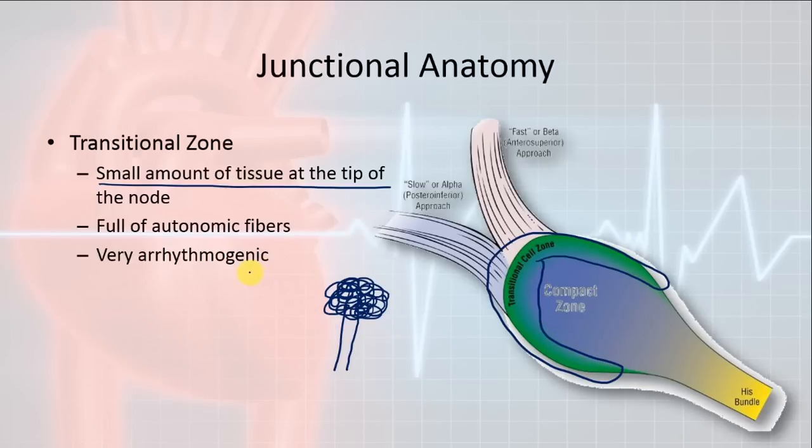Now, the transitional zone is important because it's very full of autonomic fibers. Autonomic fibers are very arrhythmogenic, which means they have the ability to depolarize early and potentially cause premature junctional complexes or anything like that.